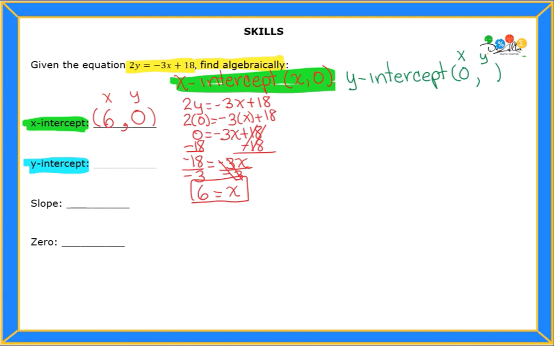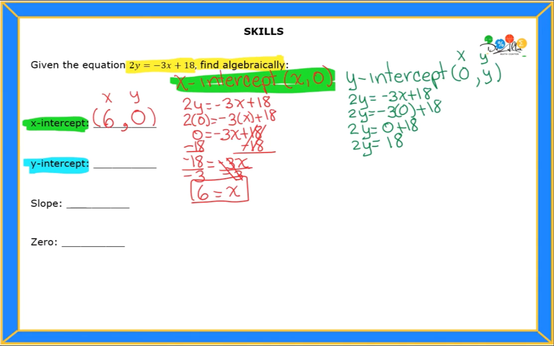Okay? So I'm going to write down my equation just the way it is. 2y equals negative 3x plus 18. But now I'm not going to replace the y. I am going to replace the x with a 0. So this is now 2y equals negative 3 times 0 is 0 plus 18, and 2y equals 18.